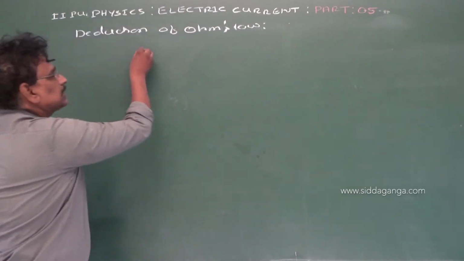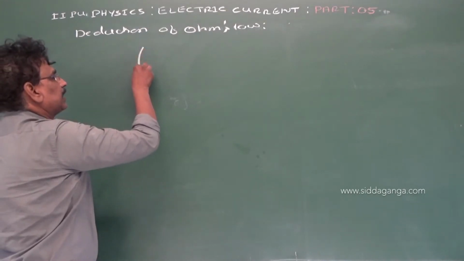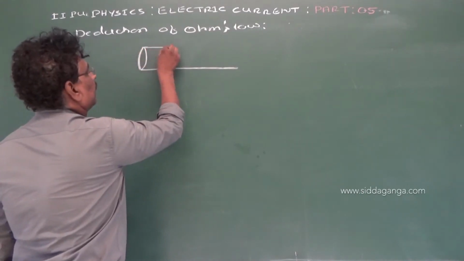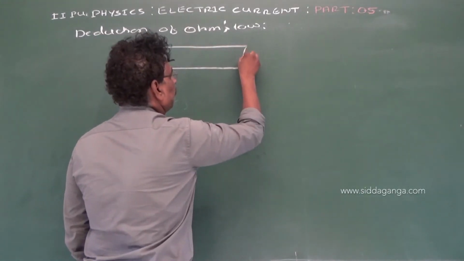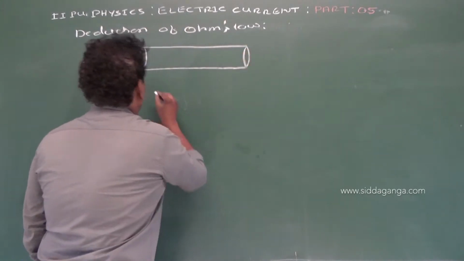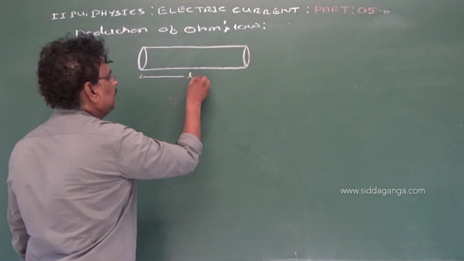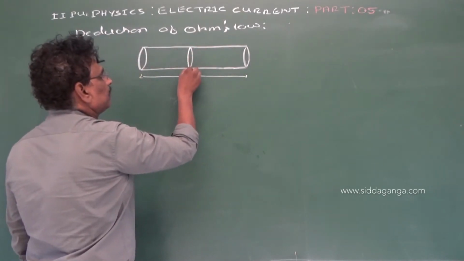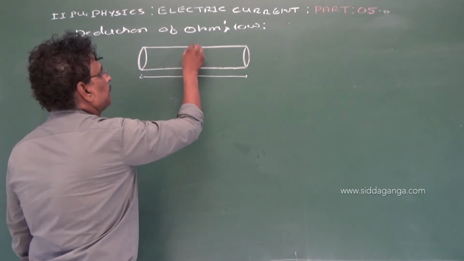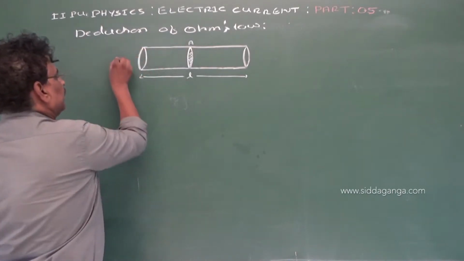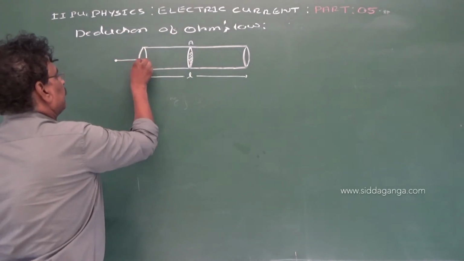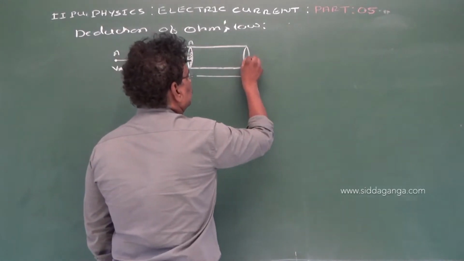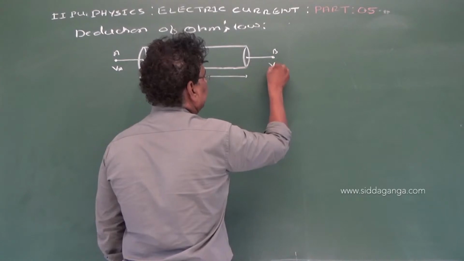Now again let us consider a conductor of length L and area of cross section A. Let a potential difference be applied across the ends of the conductor.